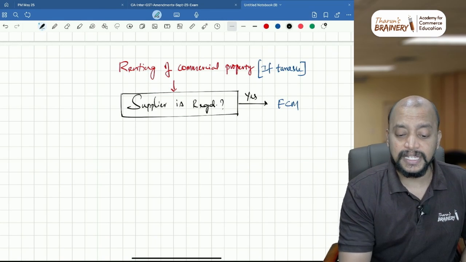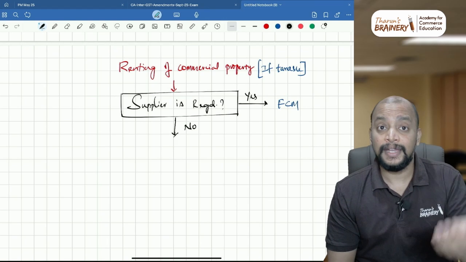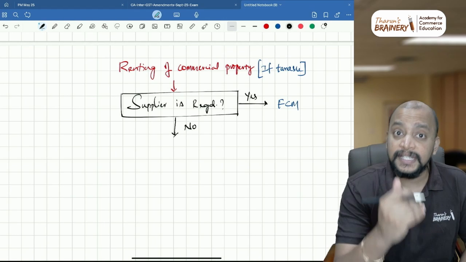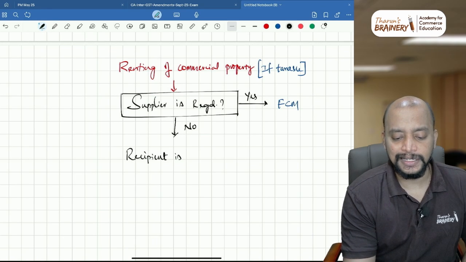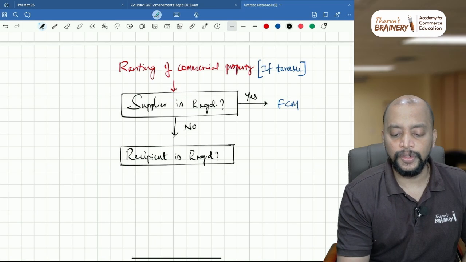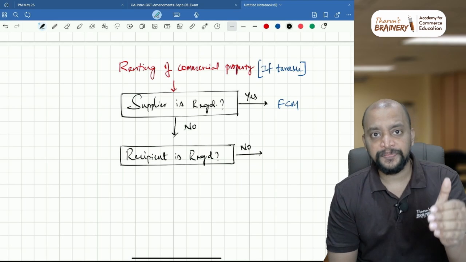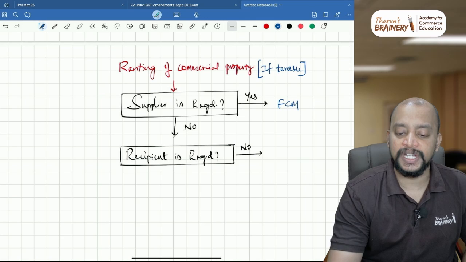If the supplier is not registered, then check whether the recipient is registered. If this is also no, the supplier is unregistered and the recipient is also unregistered, definitely there is no GST.